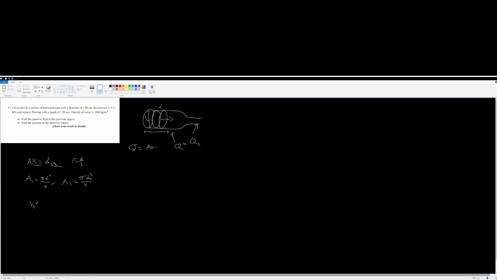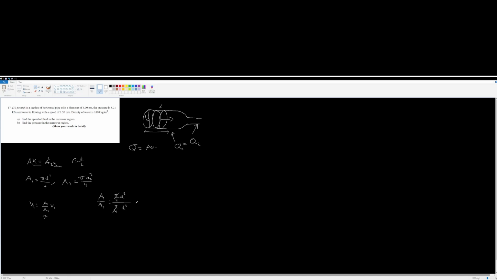So V2 equals A1 over A2 times V1, or A1 V1 over A2, but I'm going to write it this way. So A1 over A2, which is what we need to find to get this part right here, is equal to pi over 4 times d1 squared divided by pi over 4 times d2 squared.